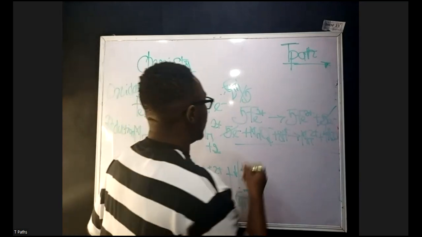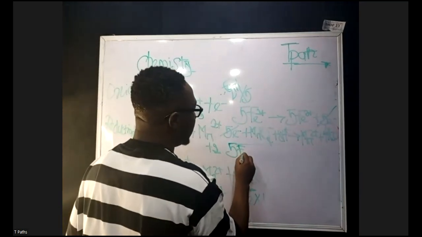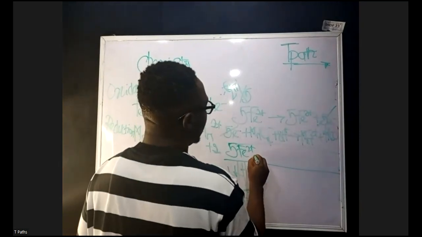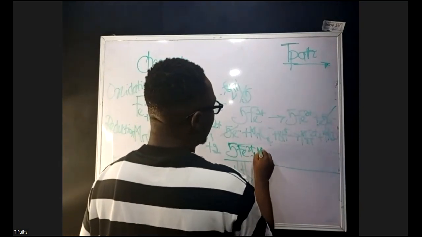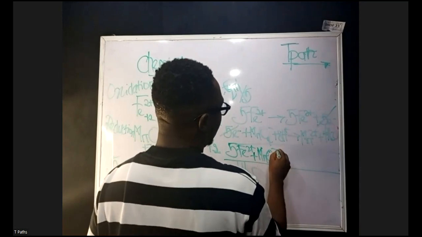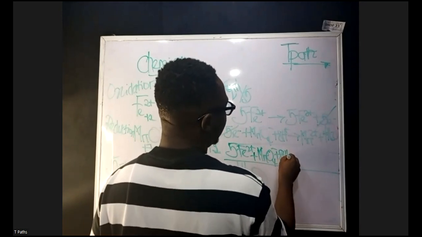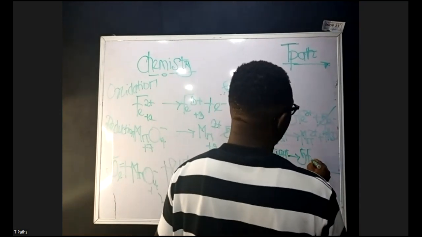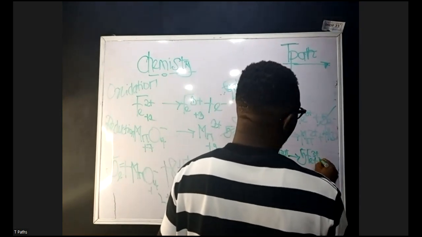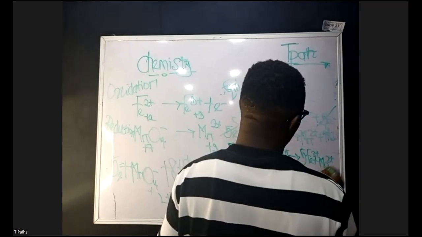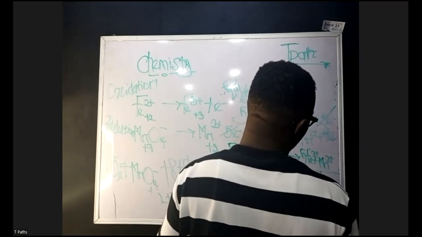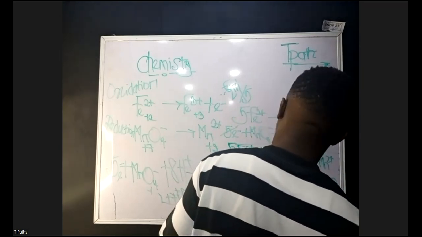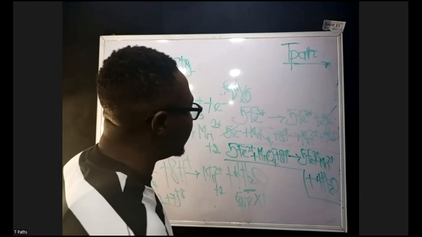So you have 5Fe2 plus, MnO4 minus plus 8H plus, giving us 5Fe3 plus, Mn2 plus, 4H2O. So guys, this is the balanced chemical equation.